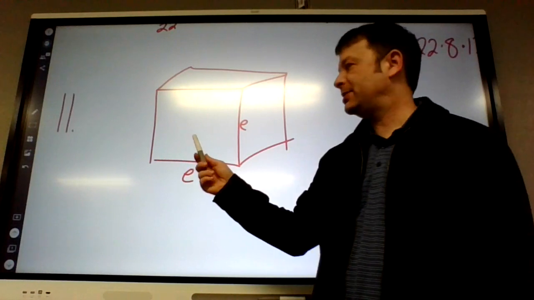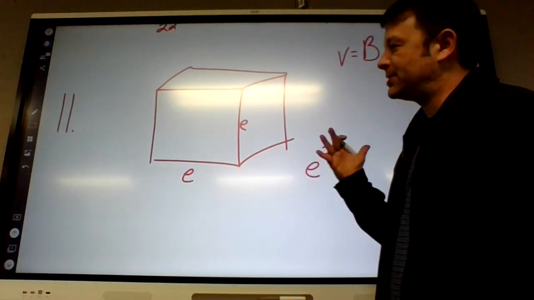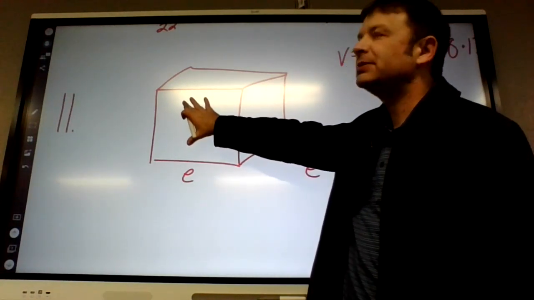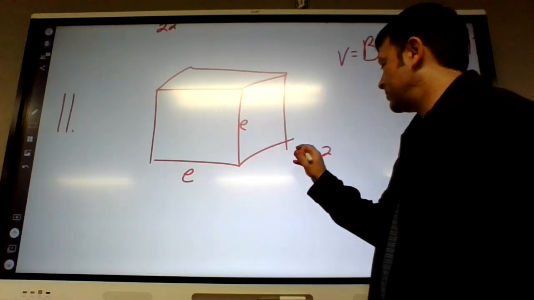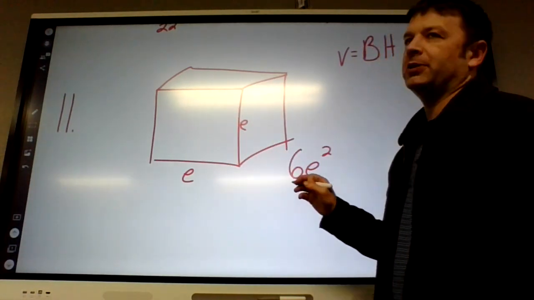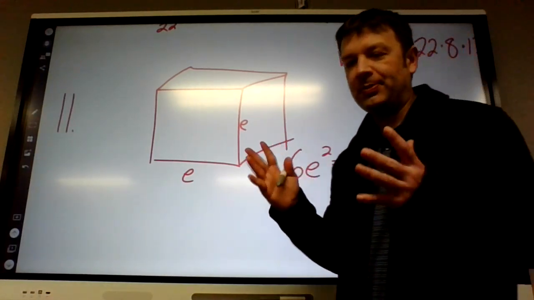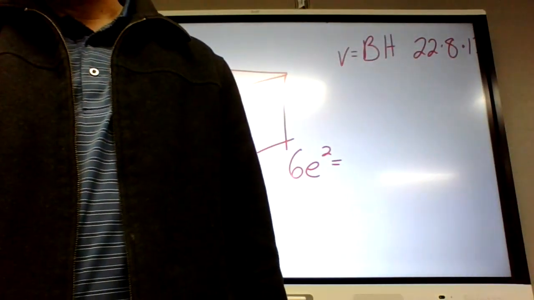E squared. And how many faces does a cube have? Not 8, 6. So if you just do 6E squared, that would work for a cube. You don't have to use the whole 2 base areas plus the lateral surface area. You can just do that.